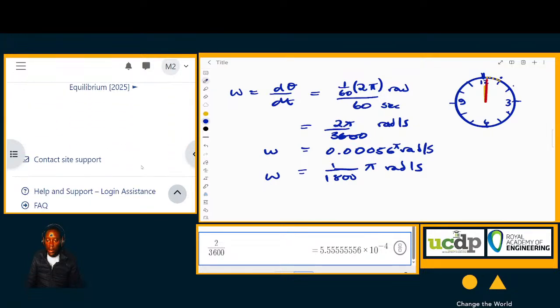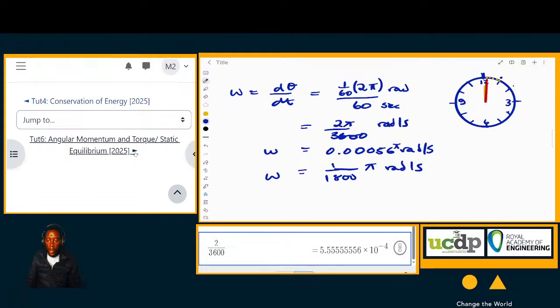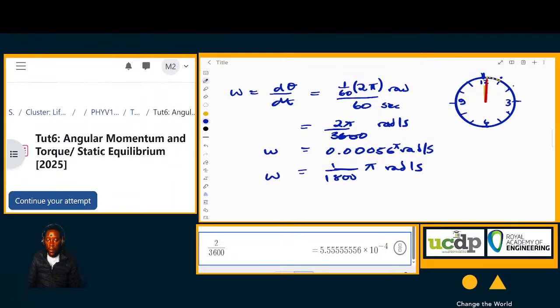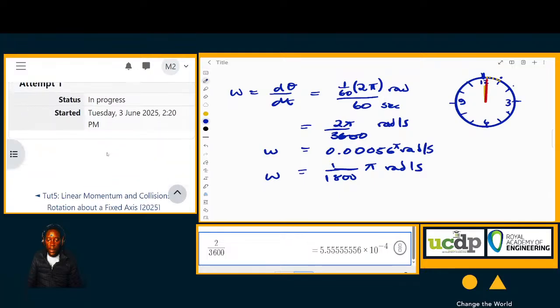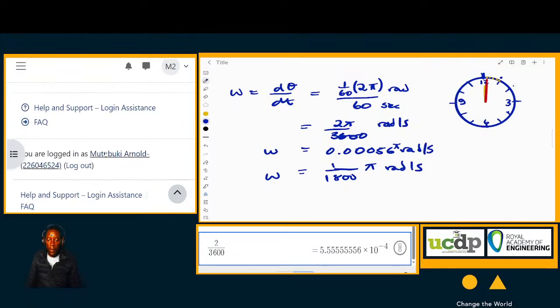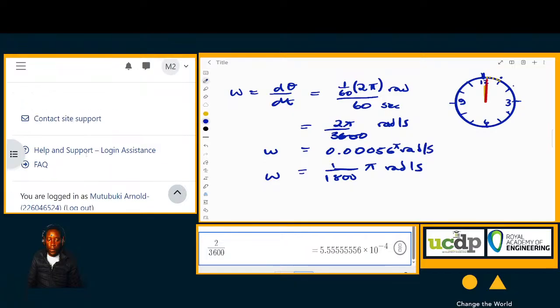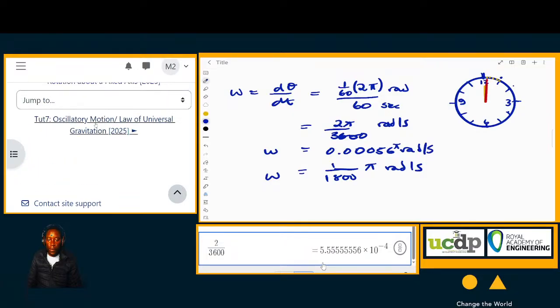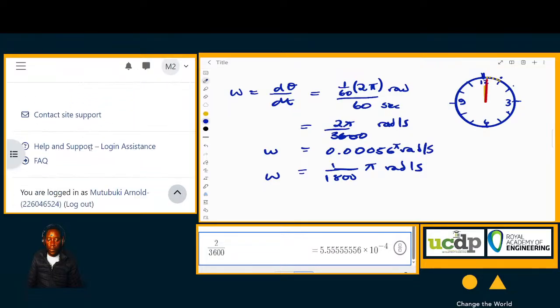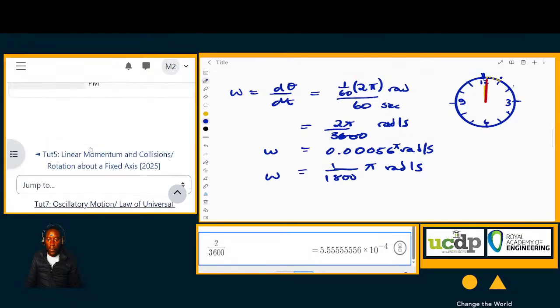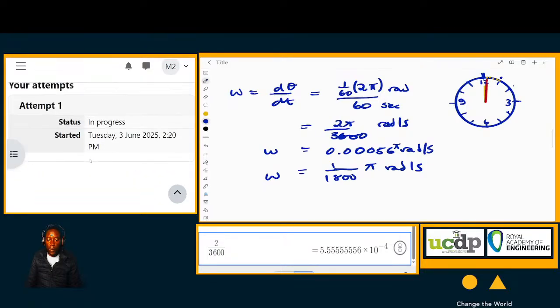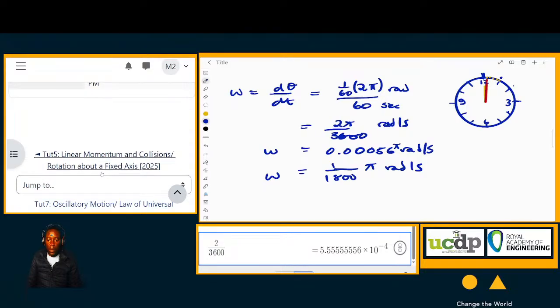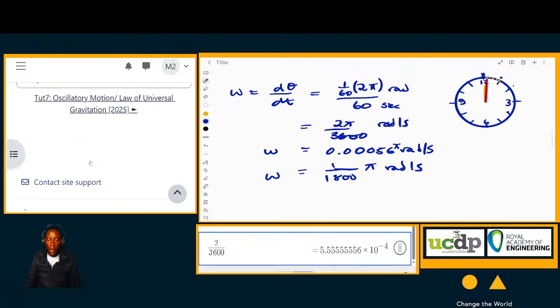So we can just skip to the next part on static equilibrium. Let's see what we have on static equilibrium. Linear momentum and collisions.